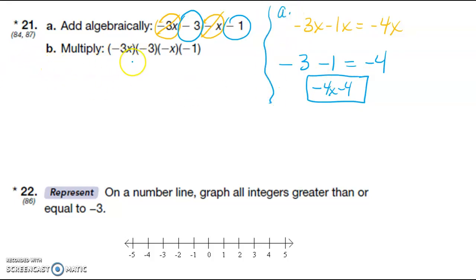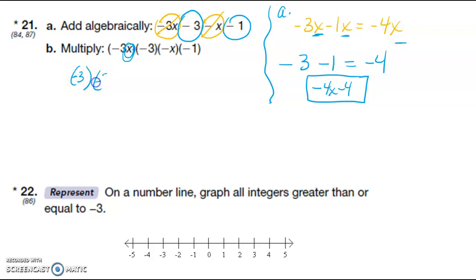B, multiplying. What you're going to see with multiplying variables instead of adding and subtracting them is the variable exponents change. Here you'll see the variable exponents don't change. X, x, x. No big deal. Here you're going to see these become x squared. So I think that's what they want you to see. So let's multiply our numbers first.